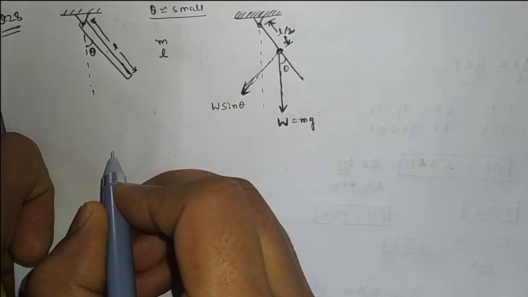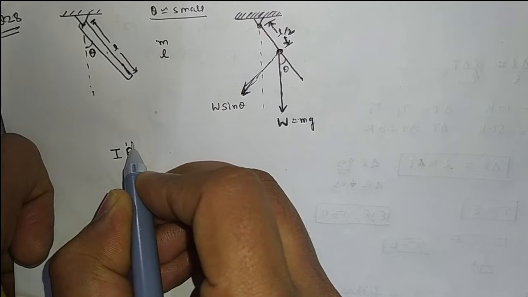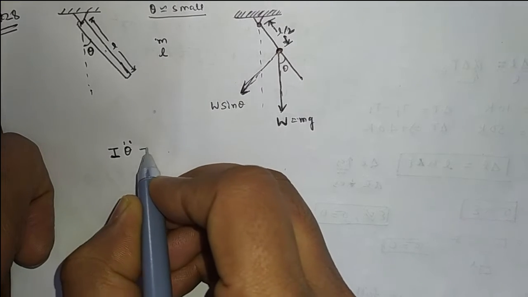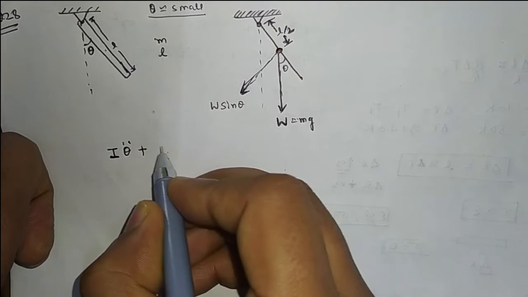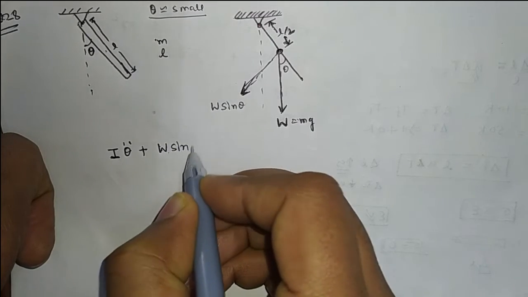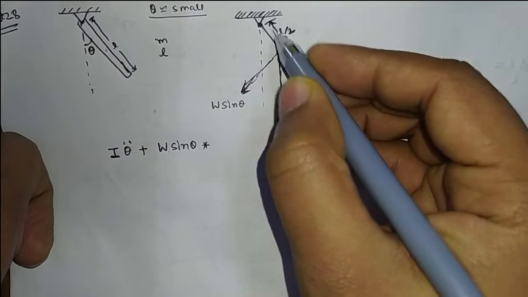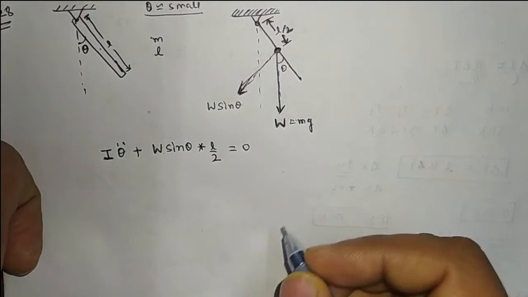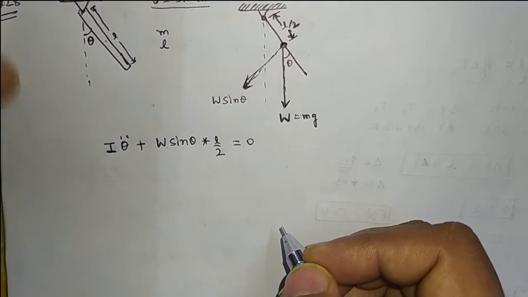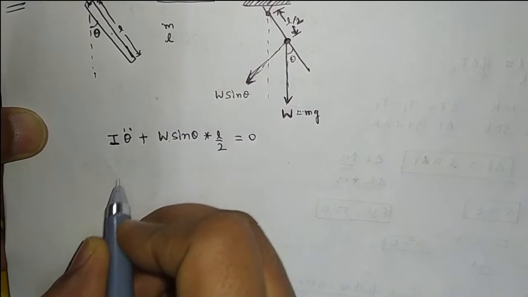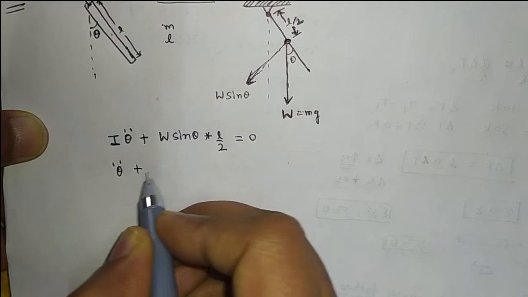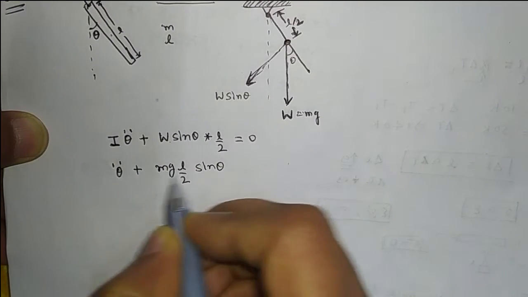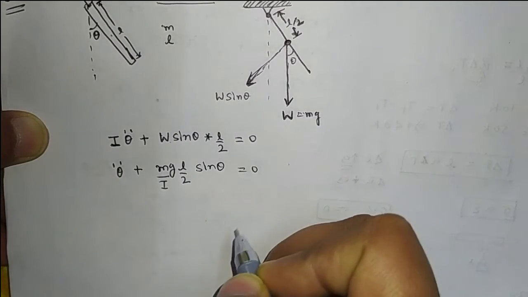So the equation of motion will be: mass moment of inertia of the rod times angular acceleration plus W sin theta multiplied by this length L by 2 equal to 0, as there is no other force acting and other forces are neglected. So this will be equal to mg L by 2 sin theta divided by I equal to 0.